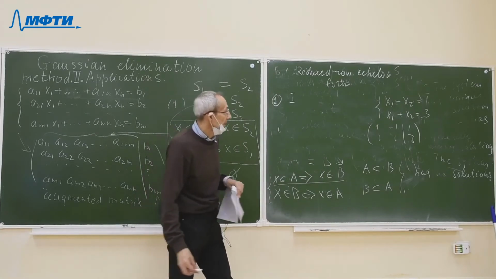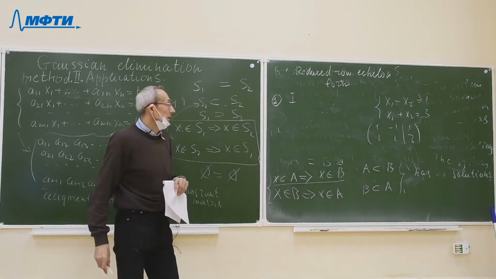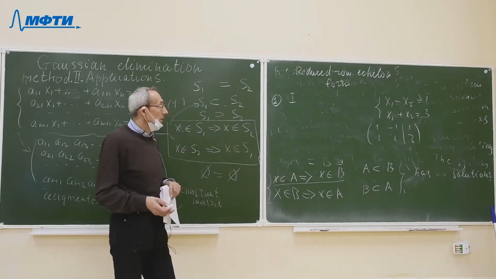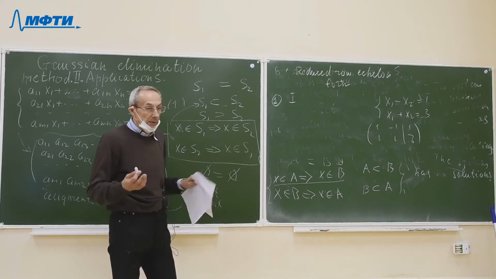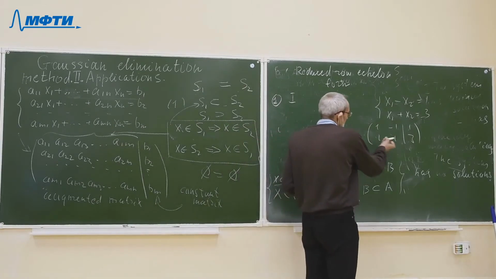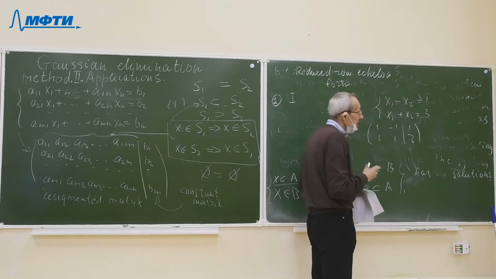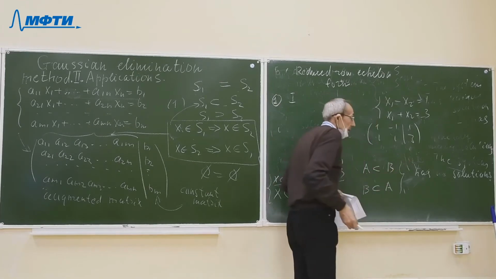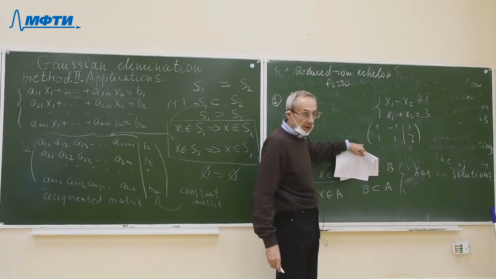This linear system and this matrix are two types of language for description of the same object. This matrix uniquely defines the linear system, and given a linear system, we can write the corresponding matrix.